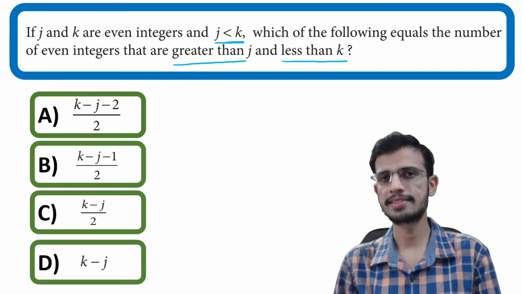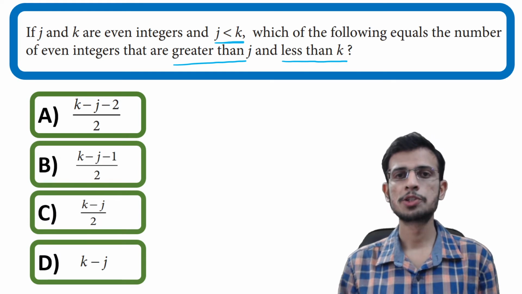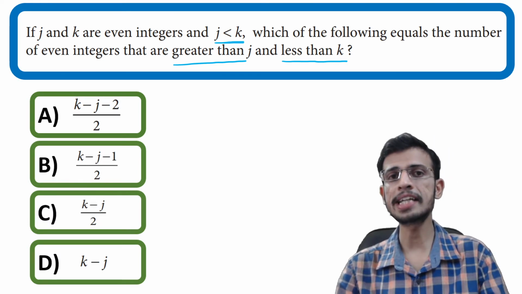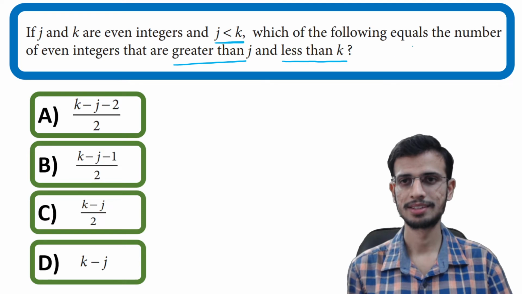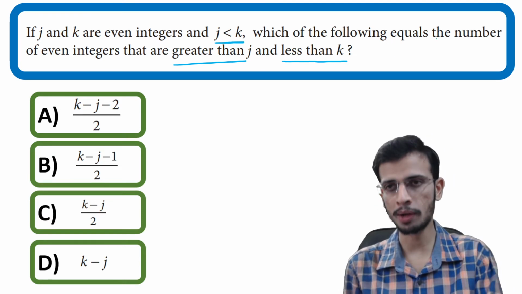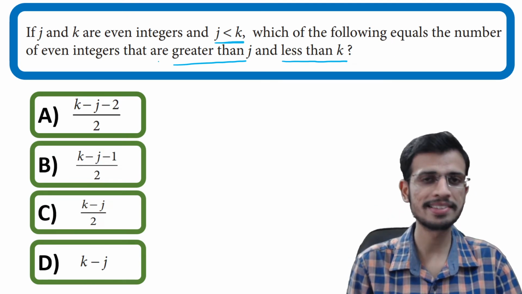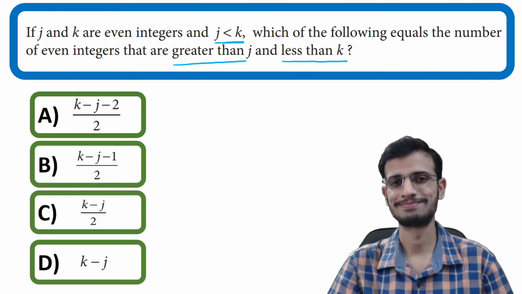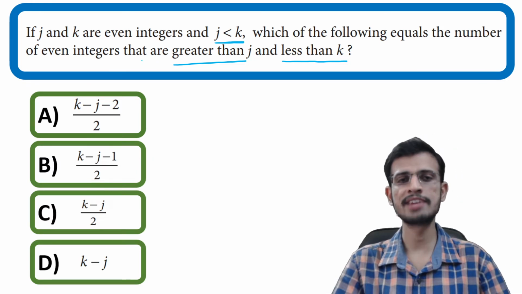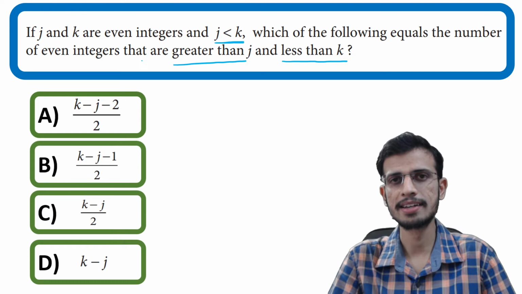Both are even integers, j is less than k. So in between j and k, how many even integers will be there? And all the options are in the form of j and k, right?